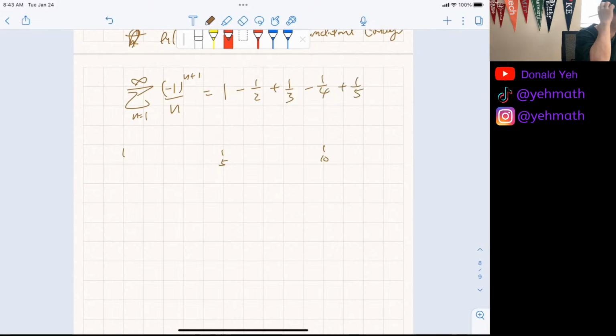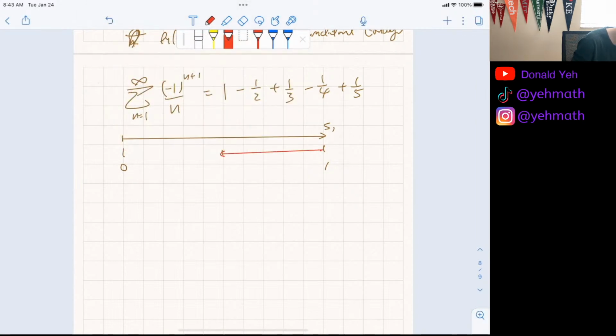Pay attention, because visually I'm going to show you why they converge. I'll assume this is 0 and this is 1. First we go from here to here. That's 1, so this is S1. Now S2 goes backward halfway, and I use a different color to show that.